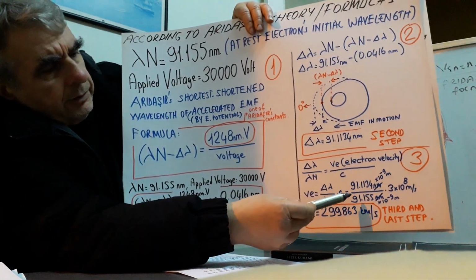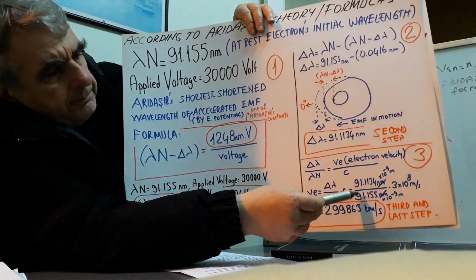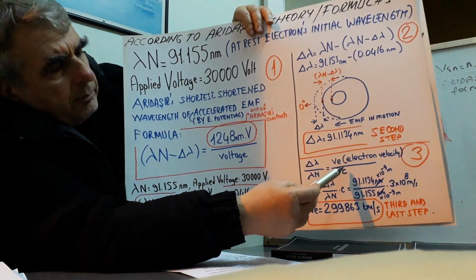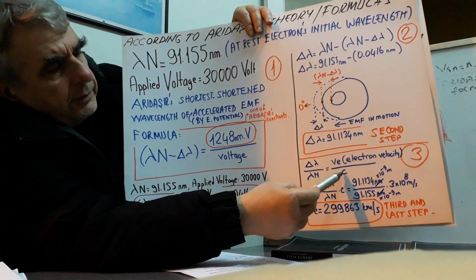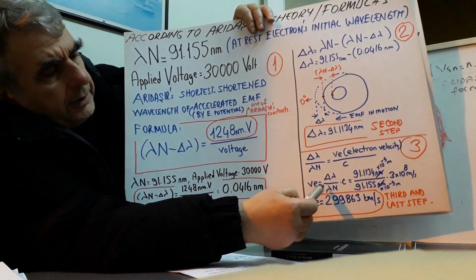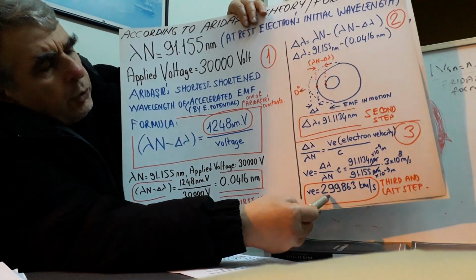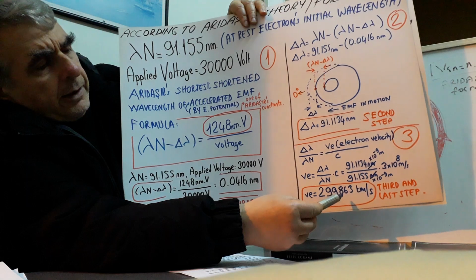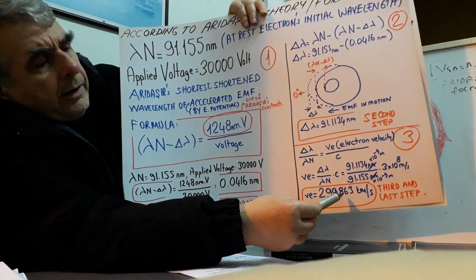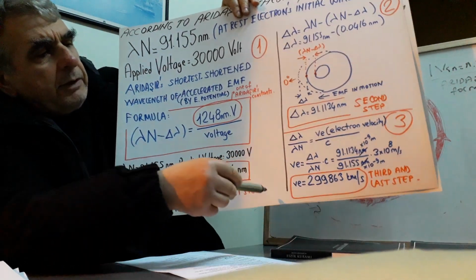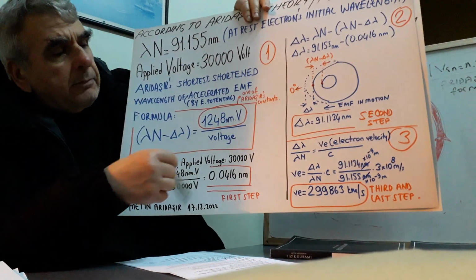We put the figures into the formula: delta lambda divided by lambda normal equals electron motion form velocity divided by c. The electron motion form velocity here is 299,863 km per second. Yes, we finished the third step.